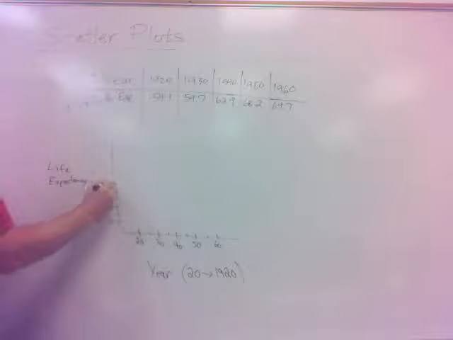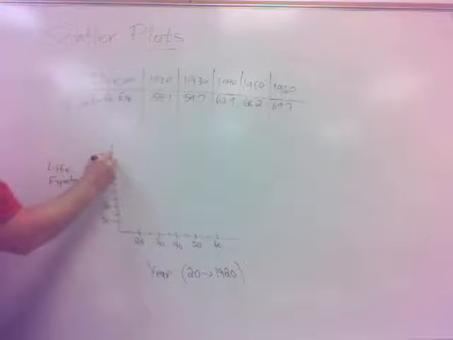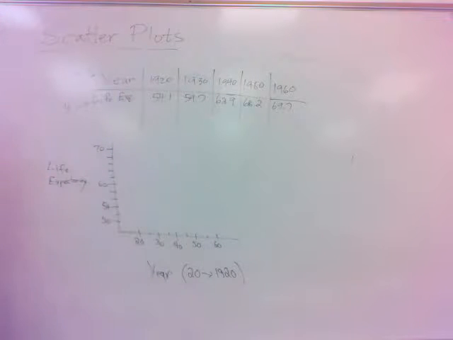There's 60, 62, 64, 66, 68, and 70. Something like that. With me on that? So space them out accordingly and start. You don't have to necessarily start at the 0. We're jumping up to 50 there. Okay?